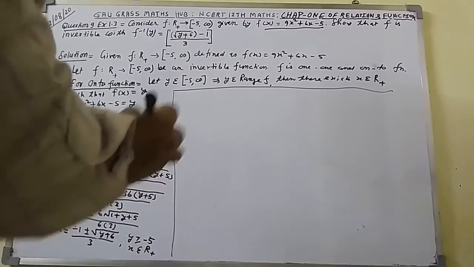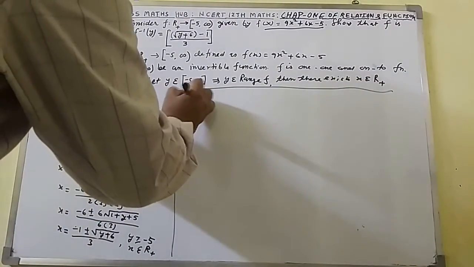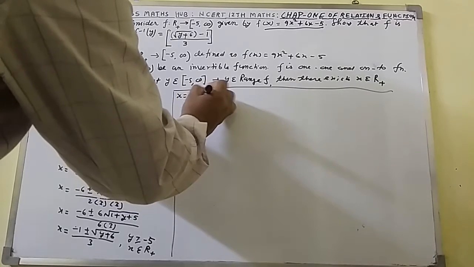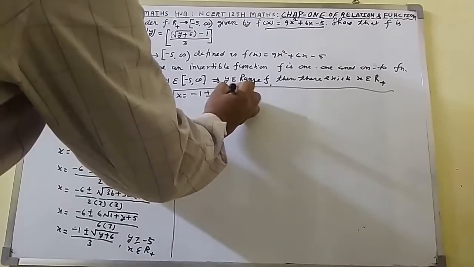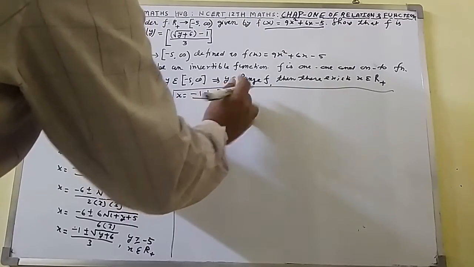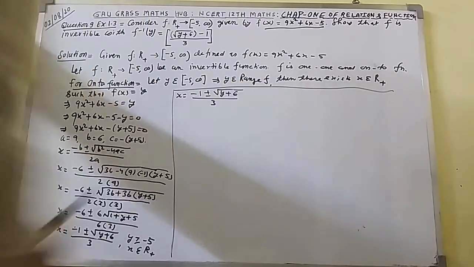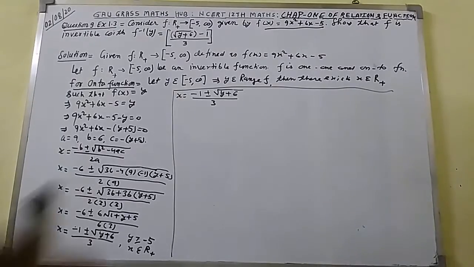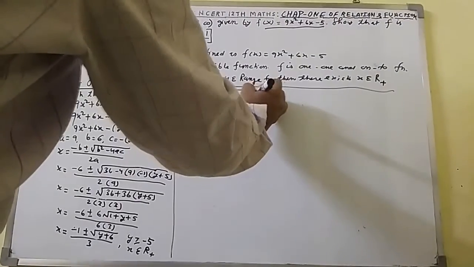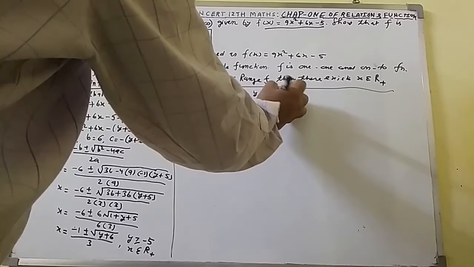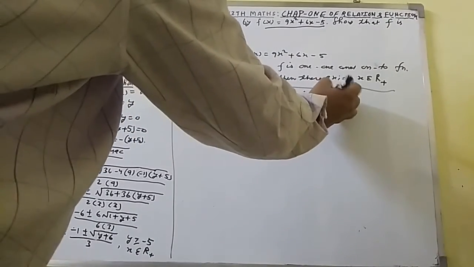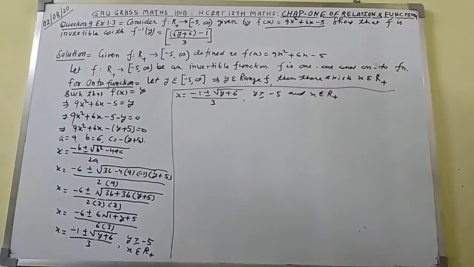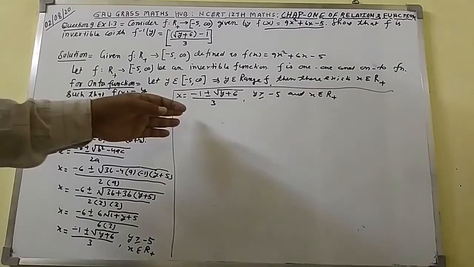Here you have got x equal to minus 1 plus minus under root y plus 6, whole over 3. The condition is that y is greater than or equal to minus 5 and x belongs to the set of positive real numbers.